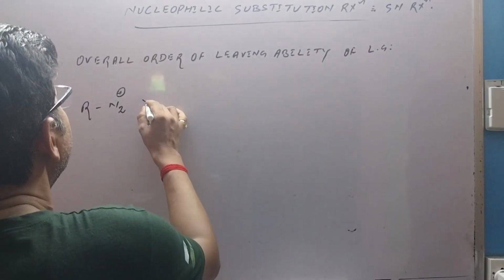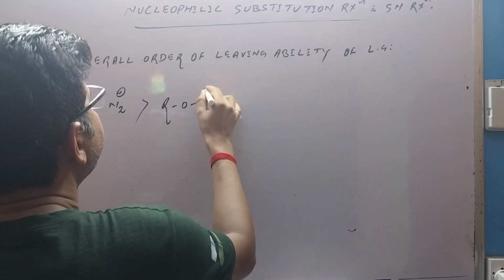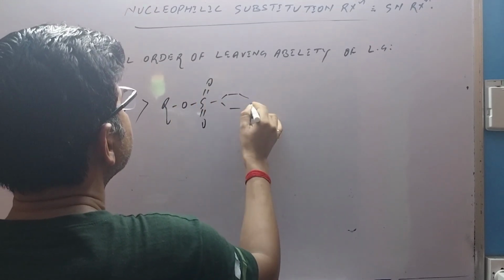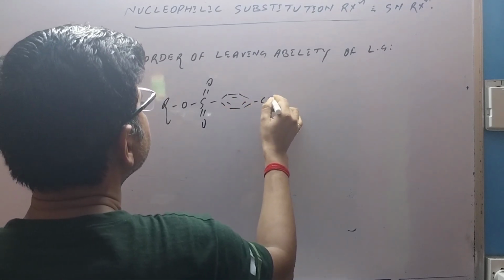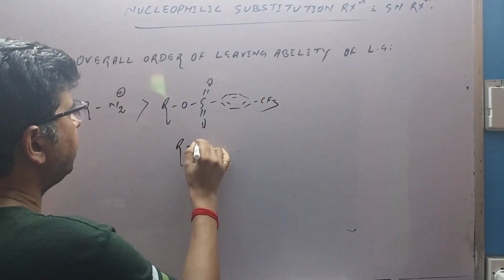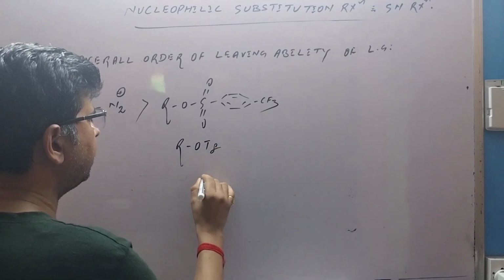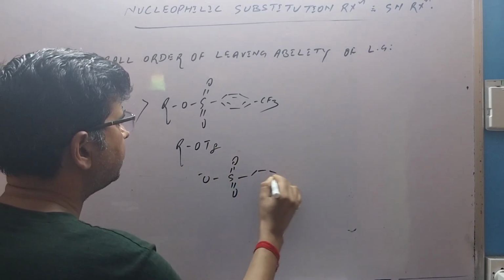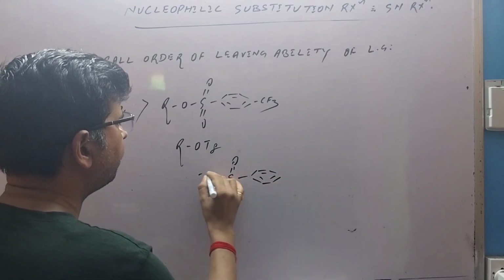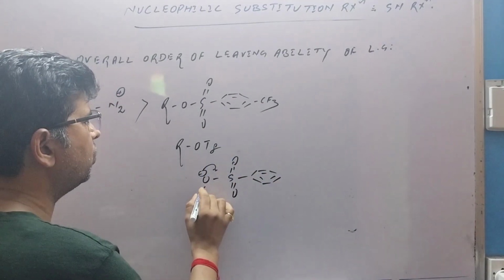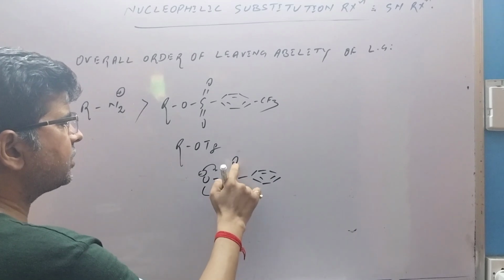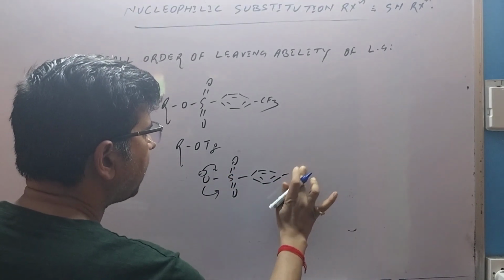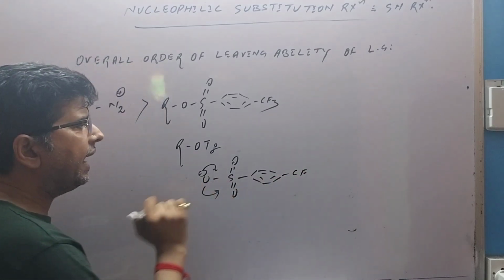See, after that, alkyl triflate, simply represented as ROTf. Here the leaving group is triflate anion, and we see this triflate anion is stabilized via cross conjugation with these two S double bond O oxygens, and the ring also stabilizes the anion.